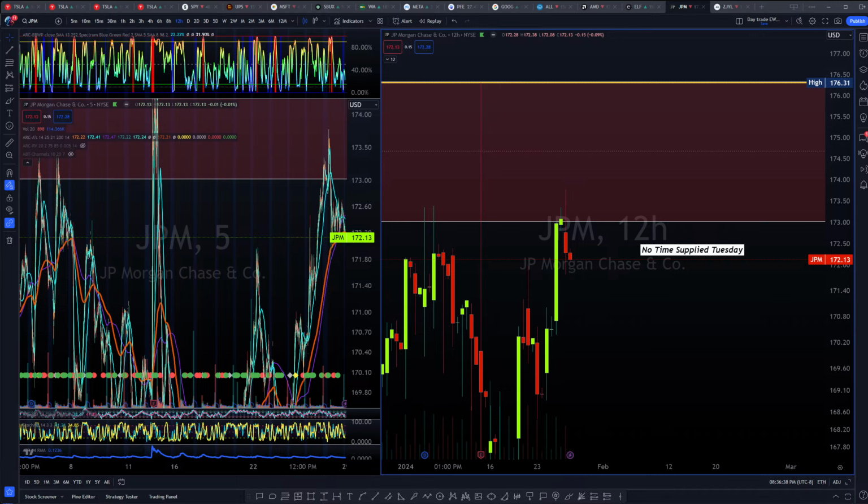Oh, so I have the entire list on this link. I'm gonna share it here. Oh, they already reported? Didn't we play it? Yeah, JP Morgan already reported. Unless they had it here, that's why it says time not supplied. Unless they were going to report on Tuesday, but then they moved it, and they usually go with financial stocks. Yeah, they already reported.